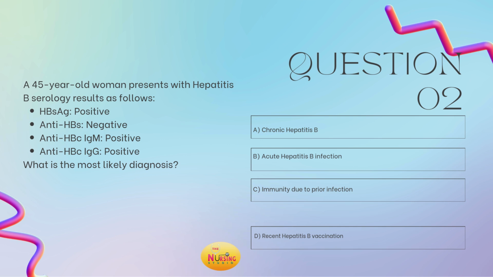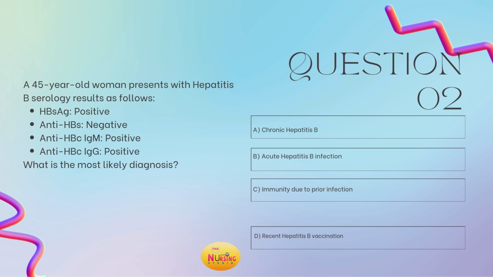All right. So again, stem of the question states, what is the most likely diagnosis? So let's run it back and see what we have. So the surface antigen is positive, so we know they have the infection, right? The antibodies are negative, so no vaccination, no prior exposure. Now the core, the IgM and IgG is positive. Remember, I'm running it back to keep y'all in repetition. I always say repetition is the key to retention. Trying to keep it in front of you so you can know how to apply this. Remember, we did this yesterday.